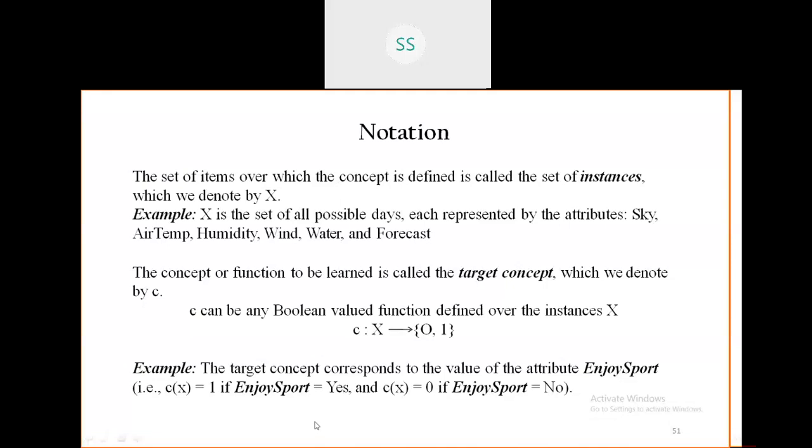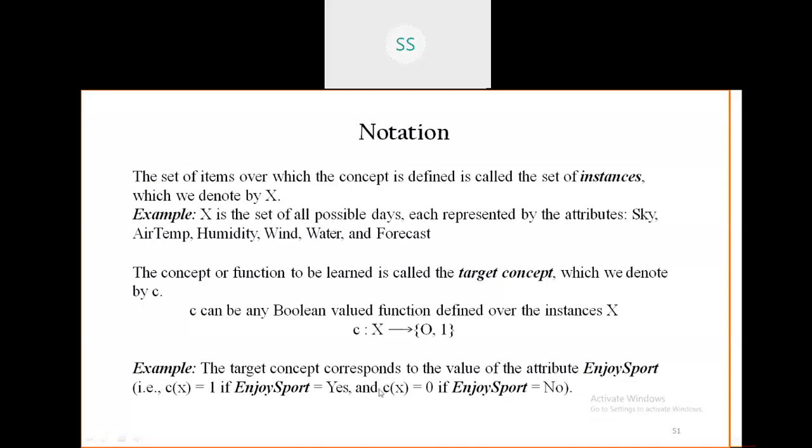Example: the target concept corresponds to the value of the attribute enjoy sports: c of x equals 1 if enjoy sports is yes, or c of x equals 0 if enjoy sports is no. Based on the given hypothesis, we set enjoy sports to either yes or no. If that particular item has been chosen from the set of instances, we make it 1, so enjoy sports becomes yes.